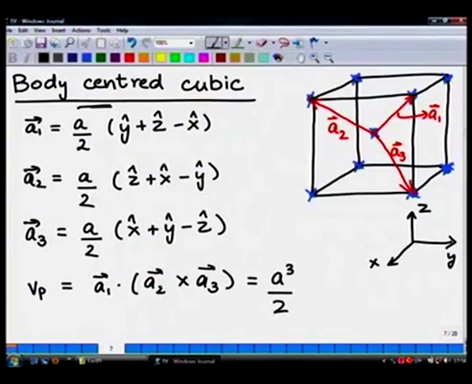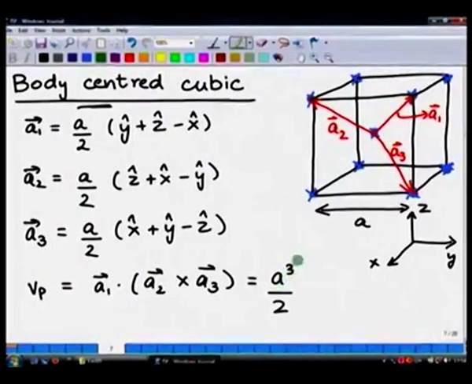That should be obvious, because if the lattice parameter of the body centered cube is a, the whole volume should be a cube, and since there are two lattice points in the whole picture I have drawn with black lines, a primitive cell with only one lattice point should have half the volume. So, that is a cube by 2, and that is the primitive cell.